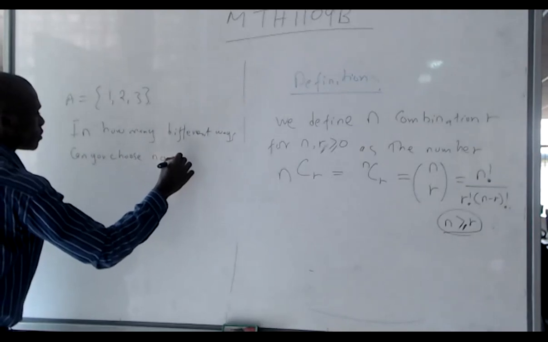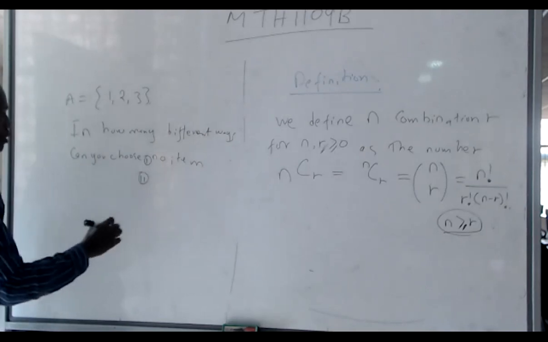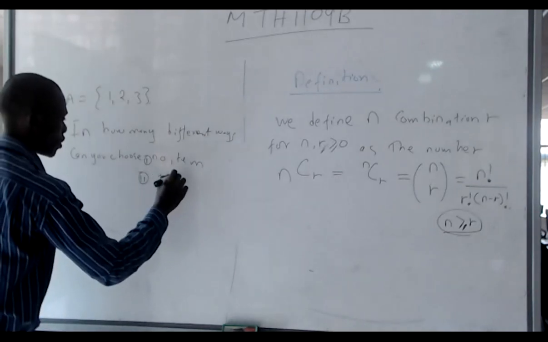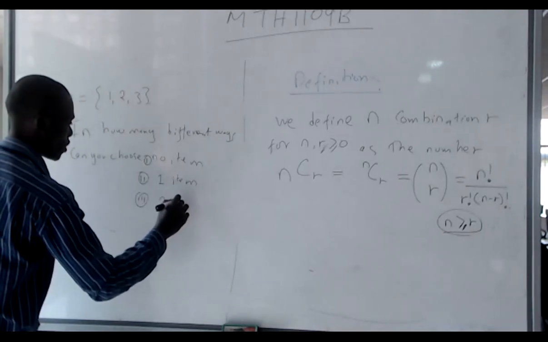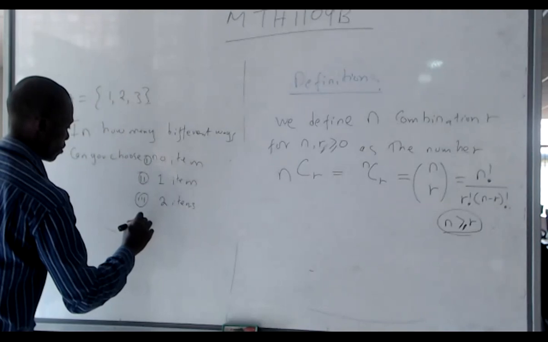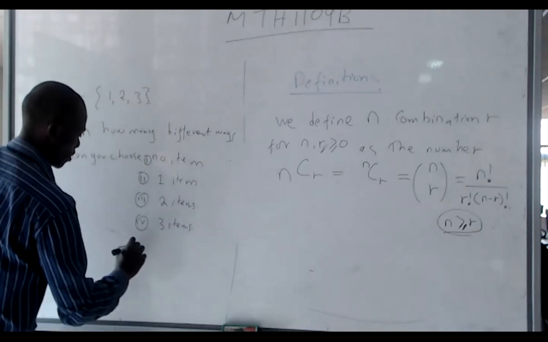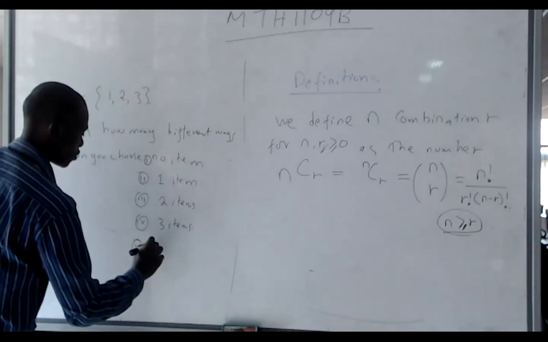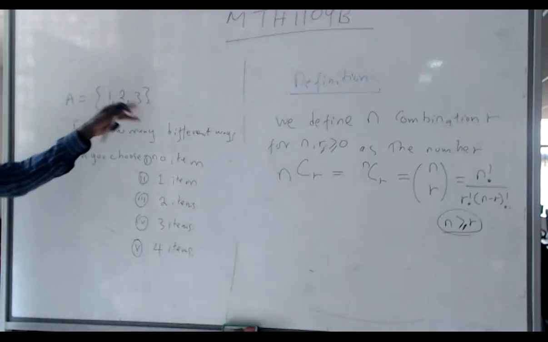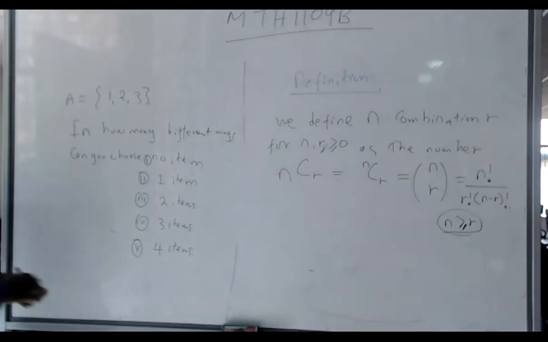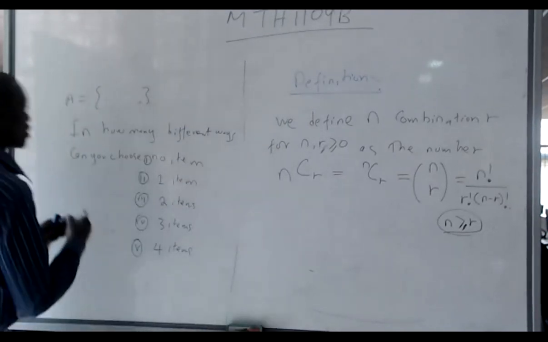no item? So I want you guys to answer this question. Number 1, no item. Number 2, 1 item. Number 3, 2 items. Number 4, 3 items. Maybe let me be ridiculous and ask you 4 items. So we have a set 1, 2, 3. Let me change things a bit to avoid confusion.